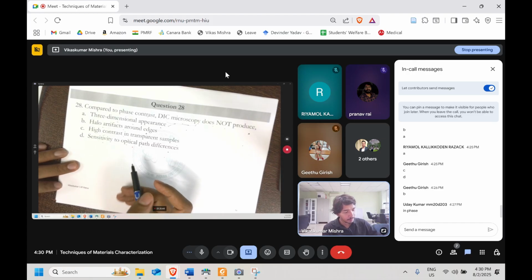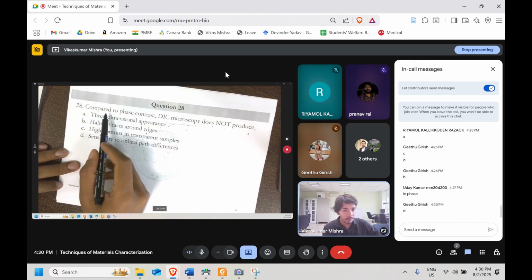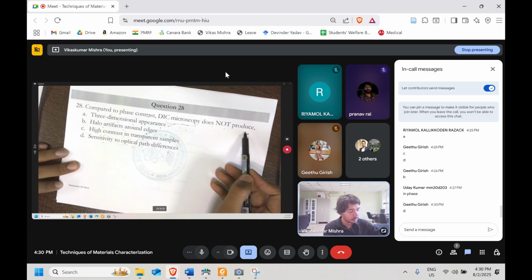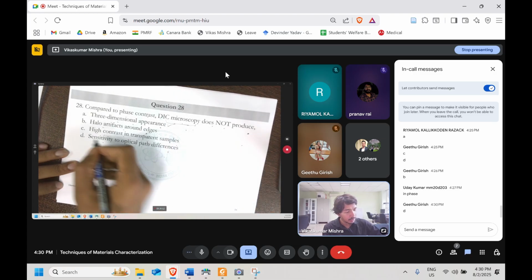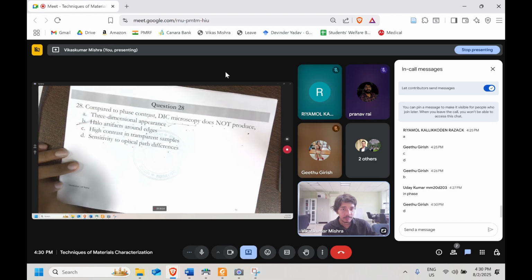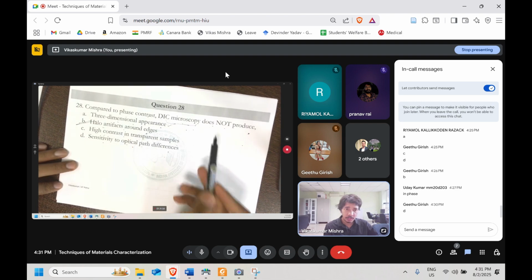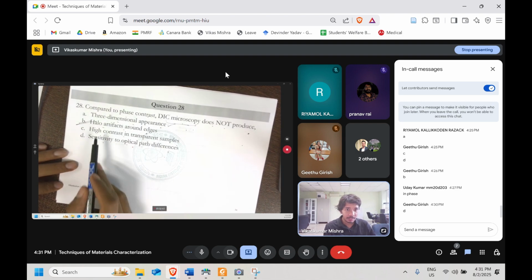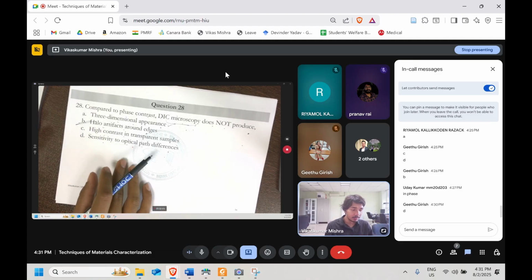Compared to the phase contrast, DIC does not produce the halo artifact around the edge. The right answer is option B. They both are sensitive to the optical path, in their own way. So the answer D is not the right one because they both are sensitive toward the path.